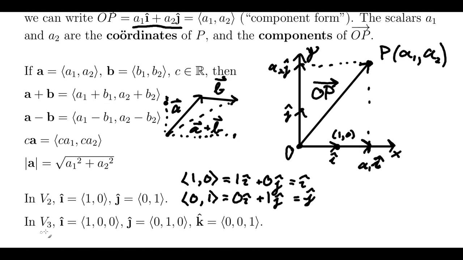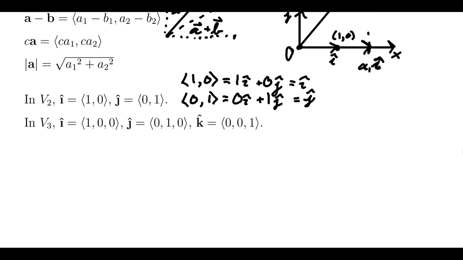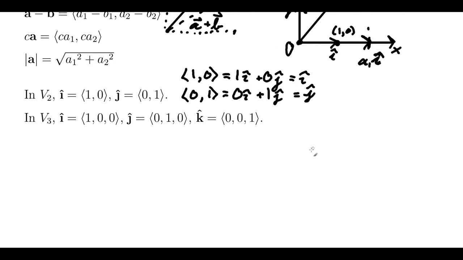In a three-dimensional vector space, I don't remember at what point the textbook introduces these, hopefully it's brought them up. V sub 2 represents the two-dimensional vector space that corresponds to R2. V sub 3 represents the three-dimensional vector space corresponding to R3. Now we have the I, J, and K, and those are of course the respective unit vectors in the 3 space here, right?